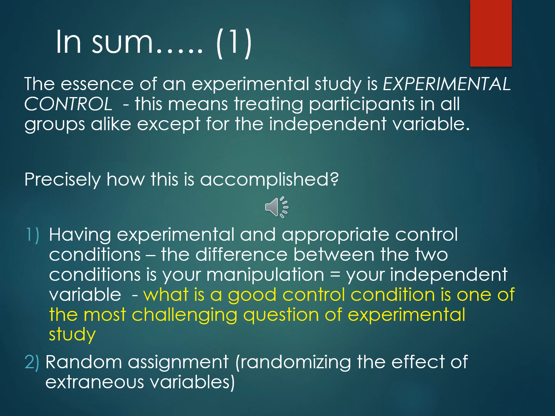Okay, and the difficult part is that what is a good control condition is one of the most challenging questions in experimental psychology. And then in order to ensure the control, you also apply random assignment to fill the same kind of people into two different kinds of conditions. So having a good control condition is not sufficient. It needs to be filled with the same kind of people as the experimental condition to minimize extraneous variables.